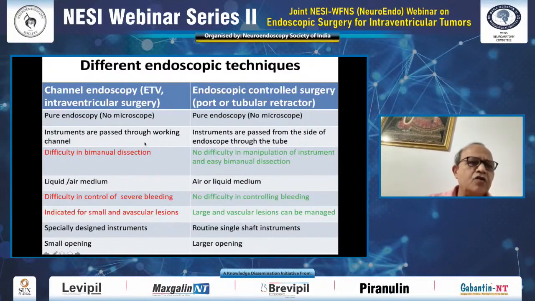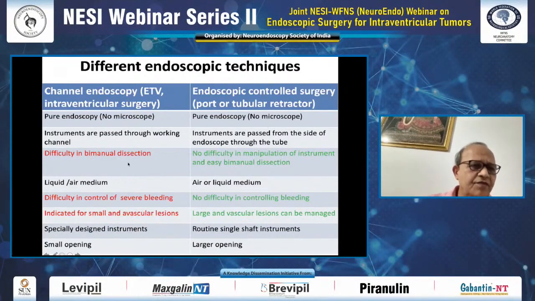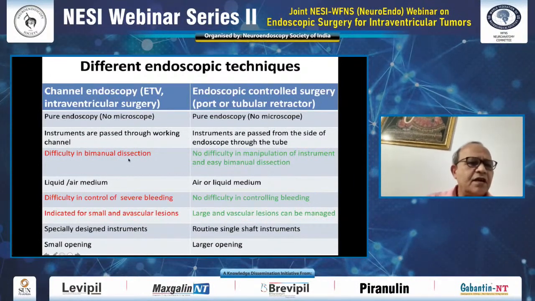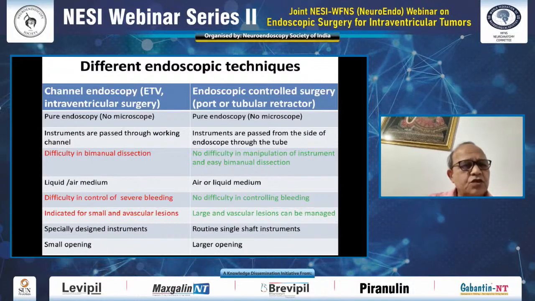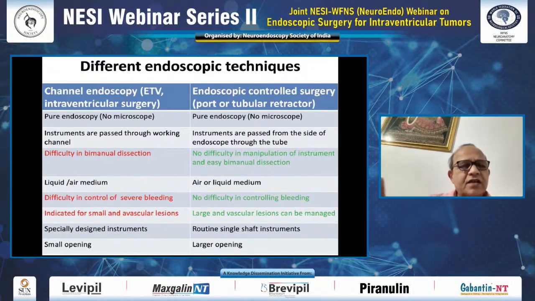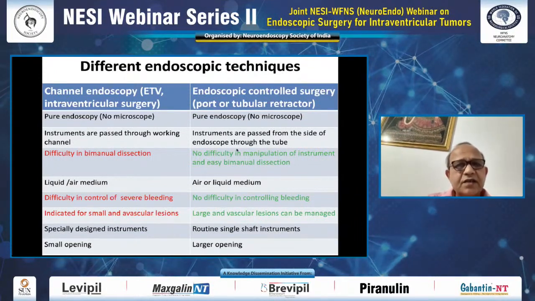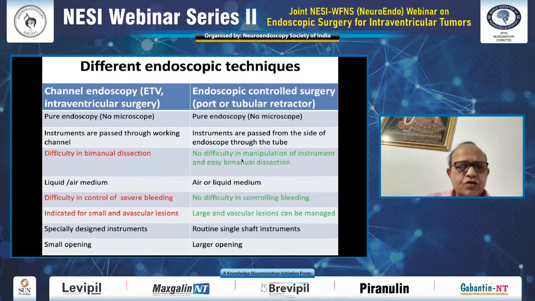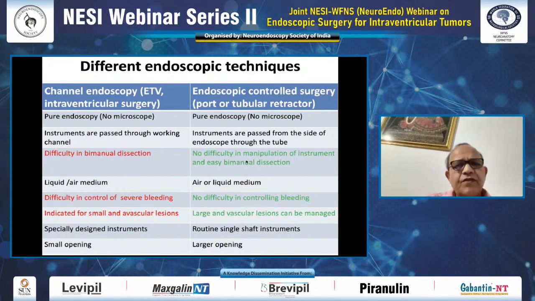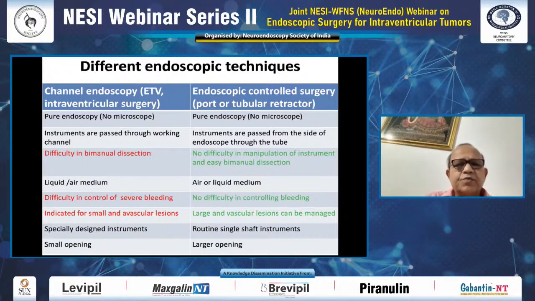In channeled endoscopic surgery, there is a difficulty in bimanual dissection because the instruments are passed through the working channel. So the angulation and the bimanual dissection is not possible. Whereas if you use port surgery or tubular retractor, there is no difficulty in manipulation of the instruments and bimanual dissection is possible.